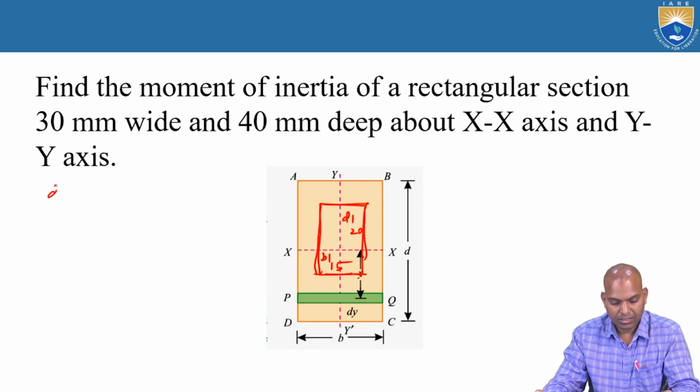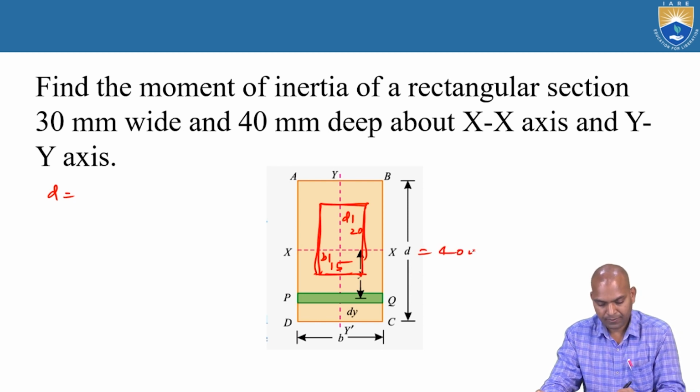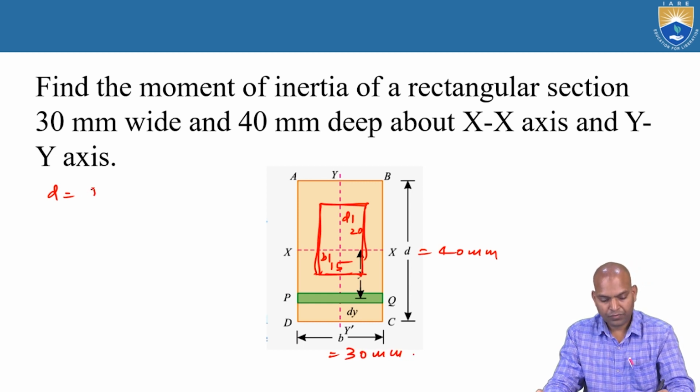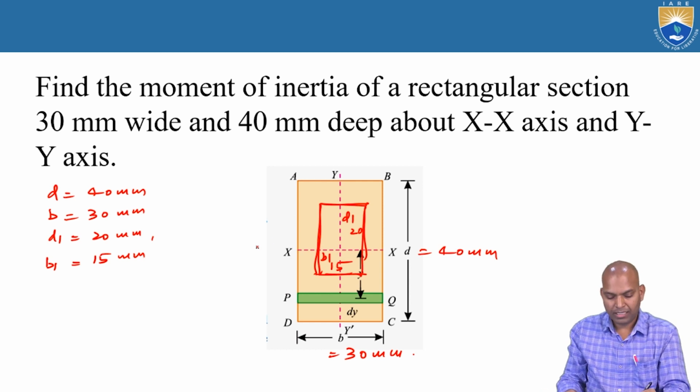So D is 40 millimeters, B is 30 millimeters, D1 is 20 and B1 is 15 millimeters. Then what about Ix?